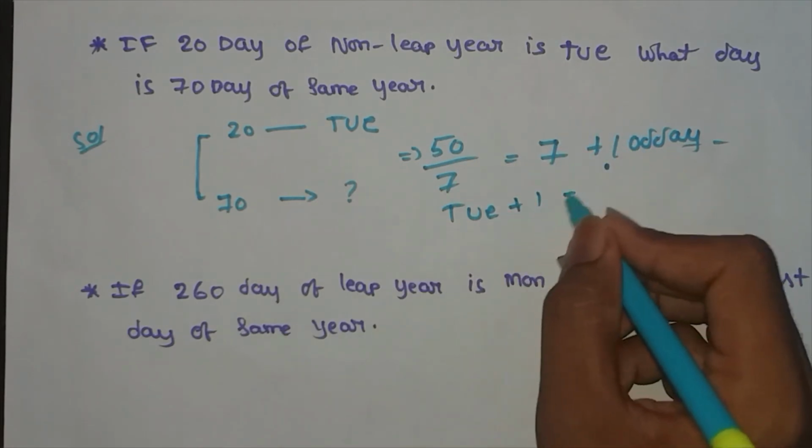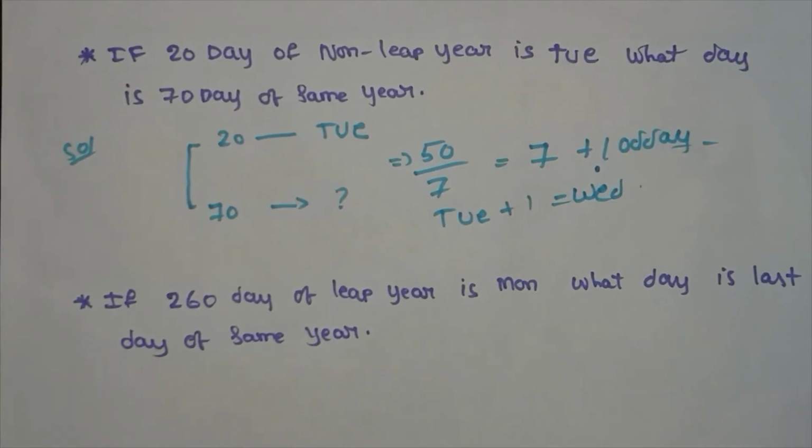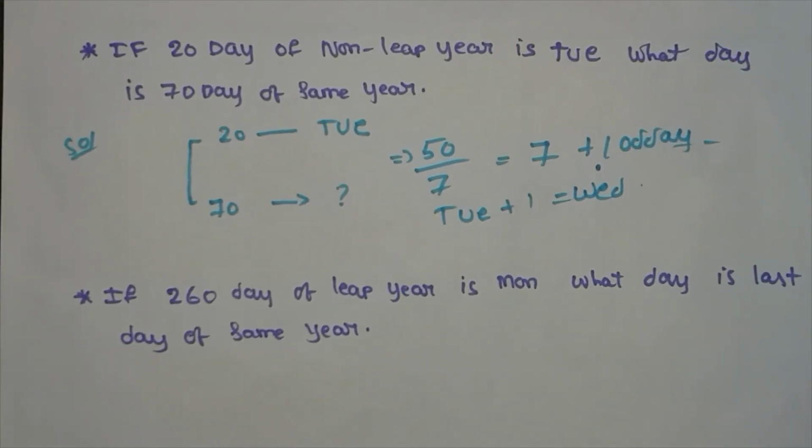That means Wednesday. Right? Understood? When the question is given like this, firstly you have to find the difference between the 2 days, that is the given day and your finding day, and find the number of odd days for that given number and add or subtract according to your question.